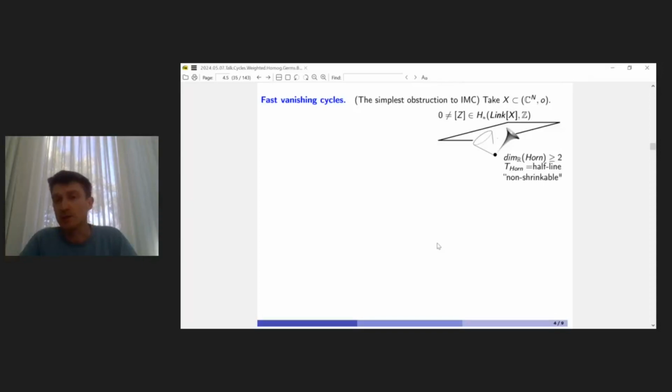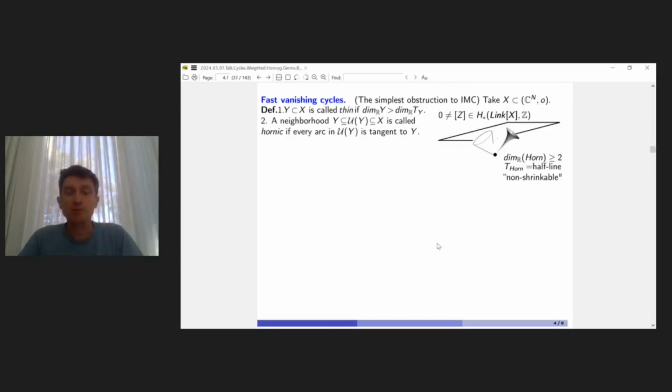Here we have something which is non-shrinkable, meaning you cannot shrink it inside the link. First of all, a subgerm of X is called thin if the real dimension of the subgerm is strictly bigger than the real dimension of the tangent cone. For example, as you see, the horn pretends to be thin.